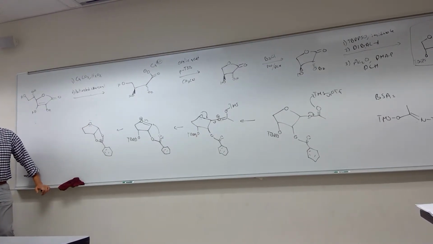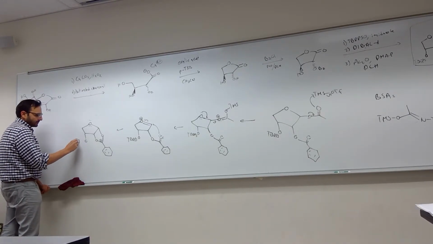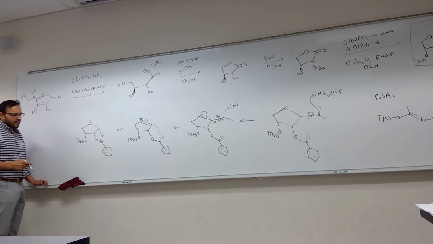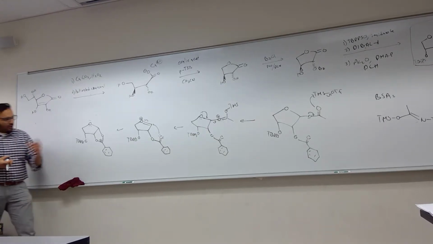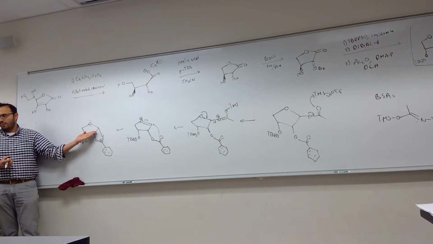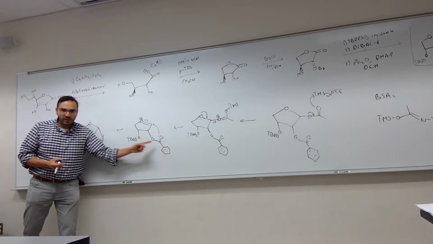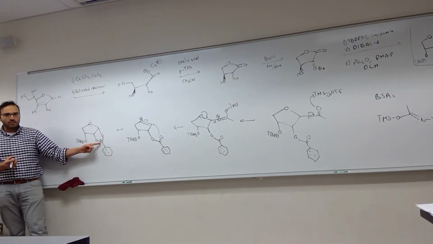Does that make sense? So two things occur in this case. You're locking the position from the bottom side, and also with the benzoyl group, you're generating a very stable carbocation.